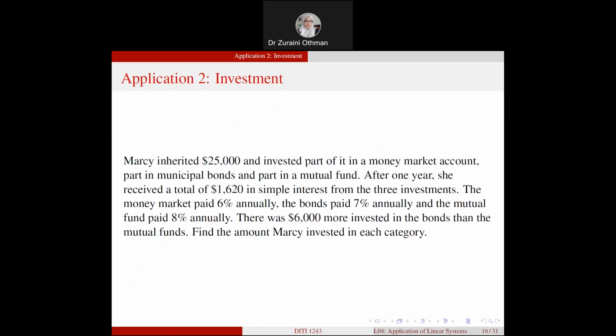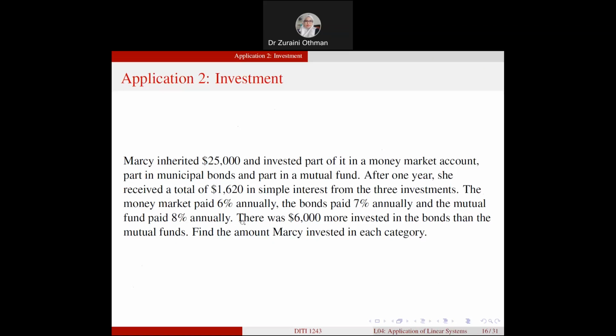Okay, this is maklumat yang kedua. And yang ketiga, okay, maklumat yang kedua tu tambahan dia dekat situ dengan money market give dia 6% annually interest. Okay, then municipal bond paid dia 7% interest and the third one is mutual fund give her interest 8% annually.